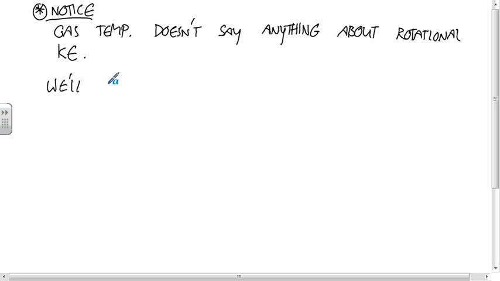We're going to use this equation, the kinetic energy of the average molecule is equal to 3/2 kT, for two things, really.